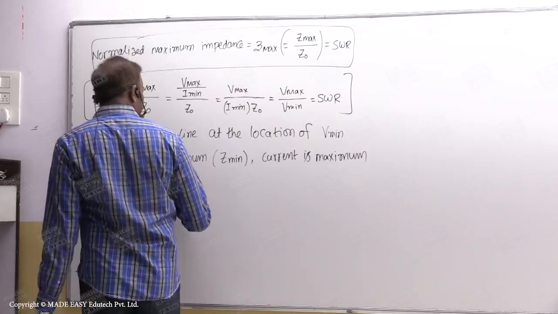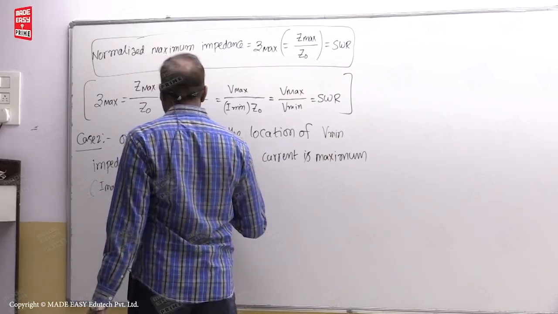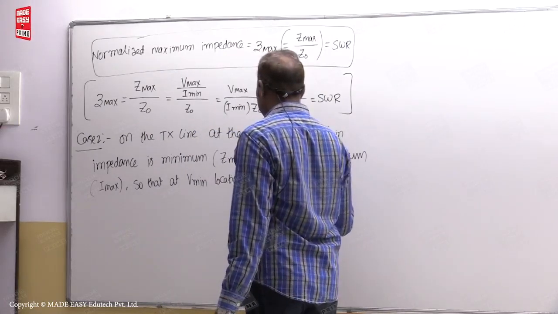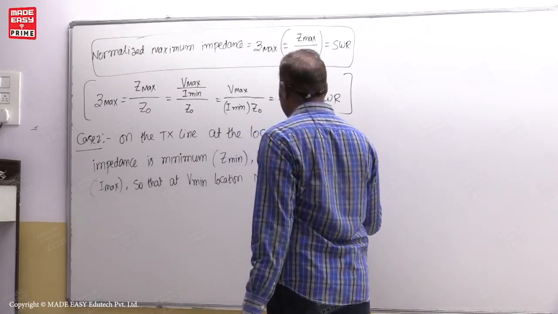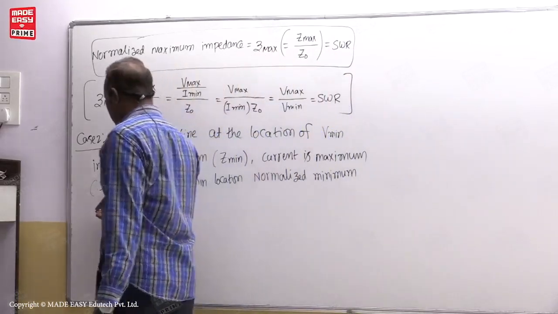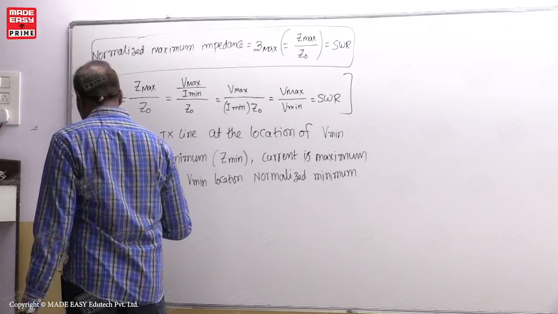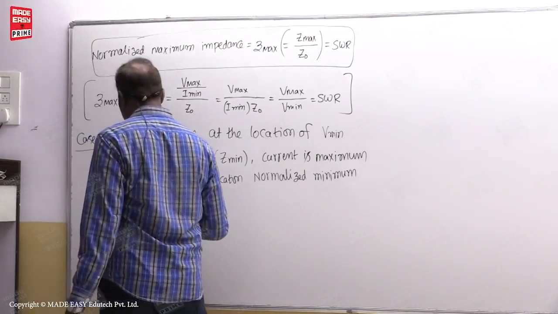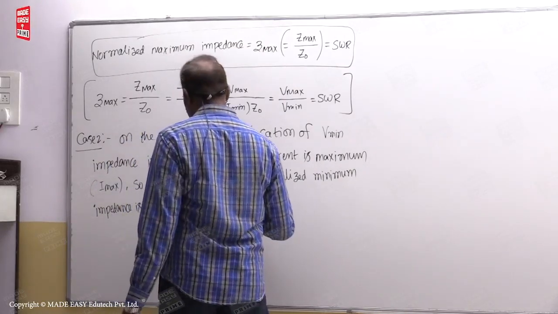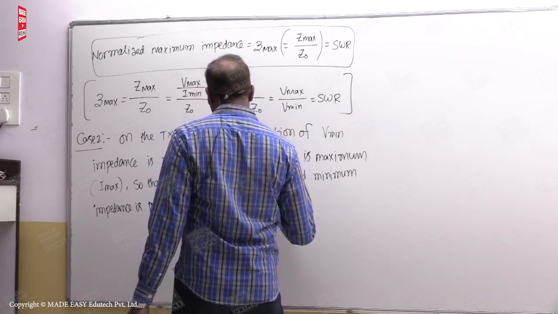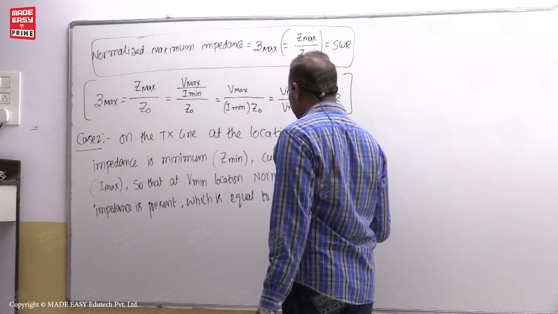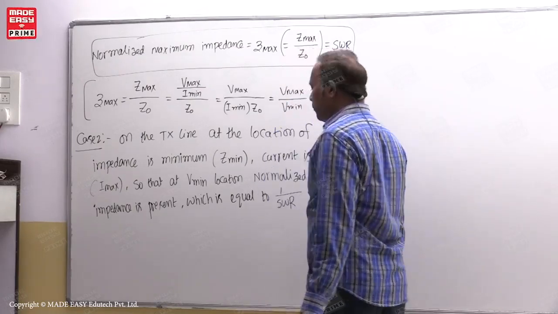So at voltage minimum location, normalized minimum impedance is present, which is equal to 1 by SWR, 1 by standing wave ratio.